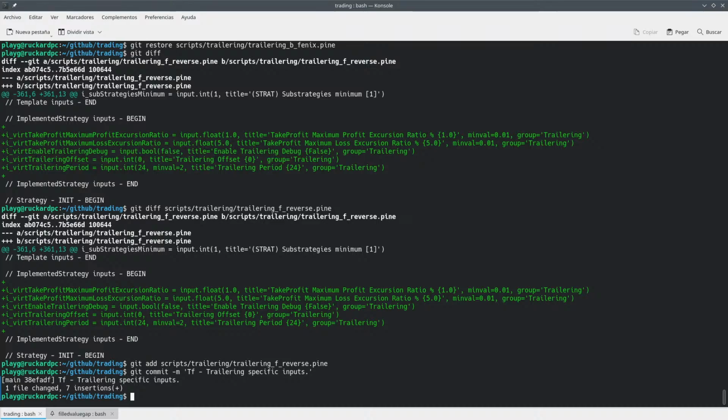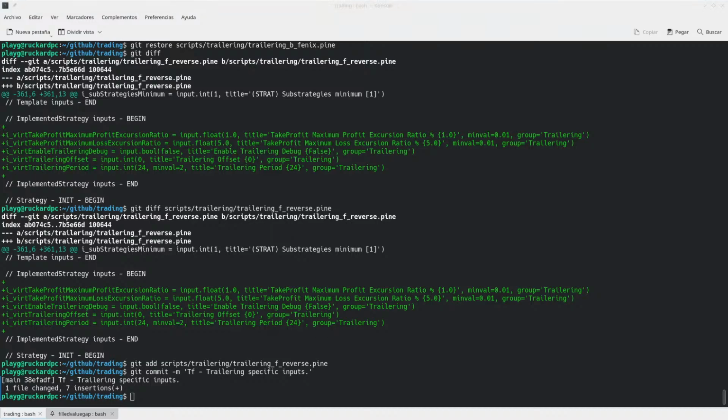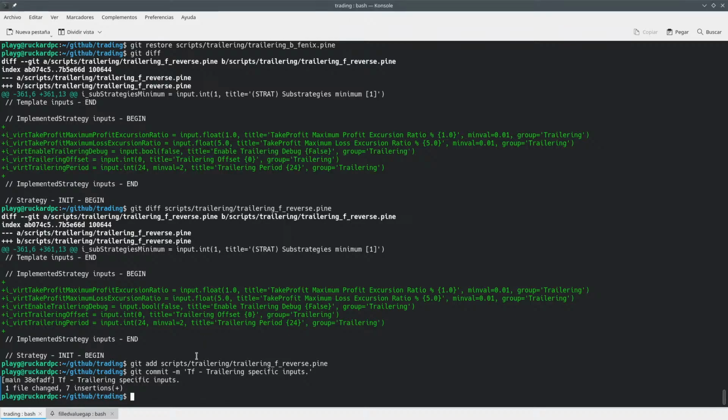Okay, so this is it. There's also init variables for all of this, which I don't know if it is a good idea to have them here. Trailering logic. Yeah, I mean there is a lot of stuff that needs to be rewritten properly.